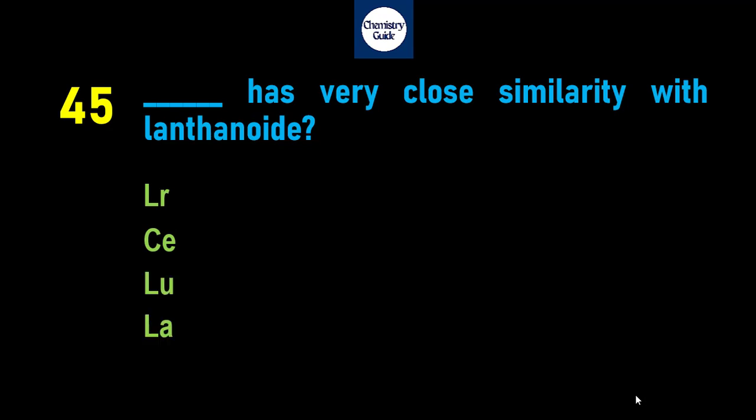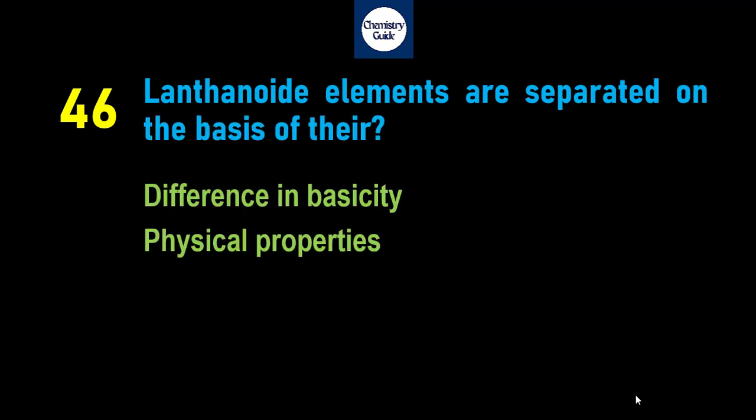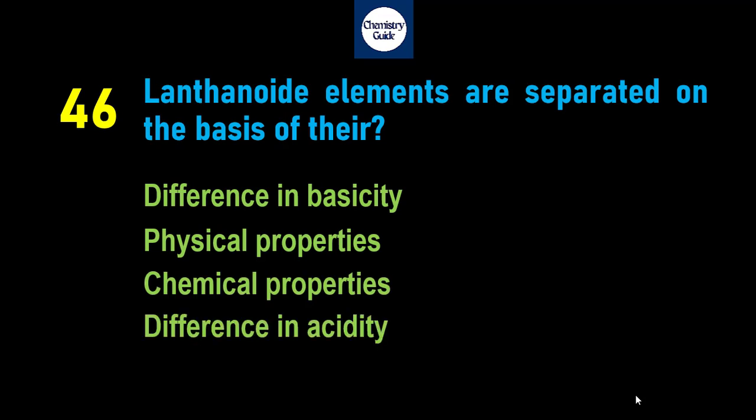So lanthanum has very close similarity with lanthanoid. MCQ number 46: lanthanide elements are separated on the basis of their difference in basicity, physical properties, chemical properties, or difference in acidity. So they are separated on the basis of difference in basicity.